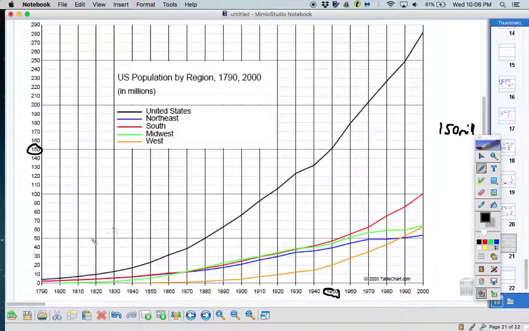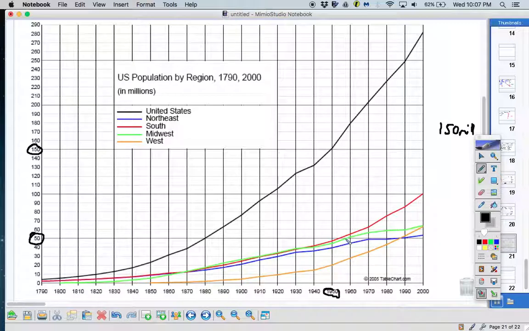You can also go across, and you can say, in which years did each region reach 50 million people? Well, the United States as a whole reached 50 million people in 1880, but none of the regions, which is what these colors are, reached 50 million until the 1950s, maybe about 53 or so for the red, which is the South.